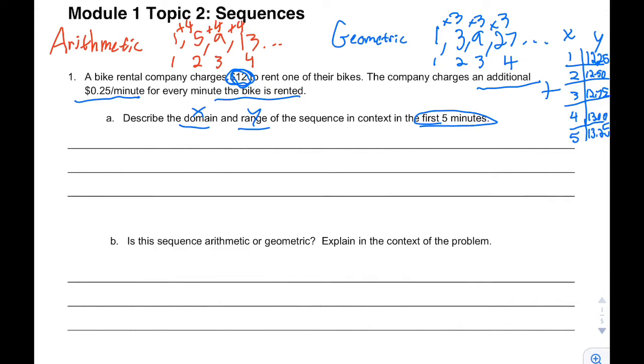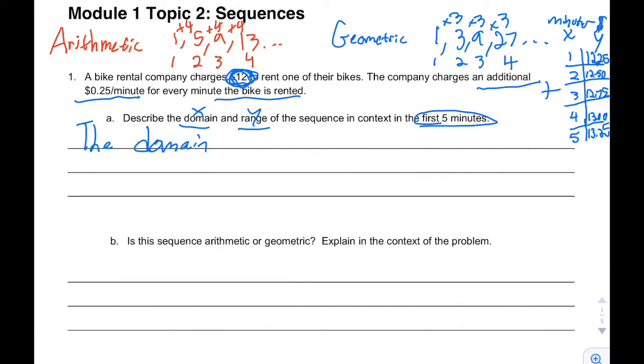So when it says describe the domain, let's do that one first. So what do 1 through 5 represent in this case? If you think about the problem, it's either going to be money or minutes. Well, I can see that the right side has those dollar values, so this x side is actually minutes, and this y side are dollars.